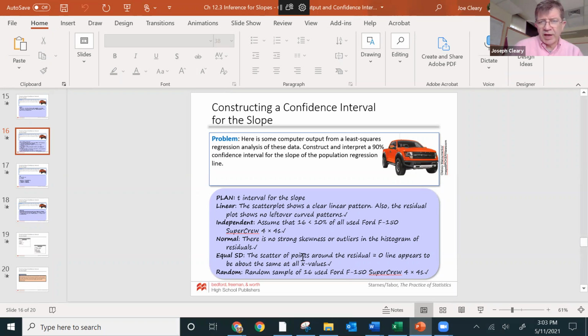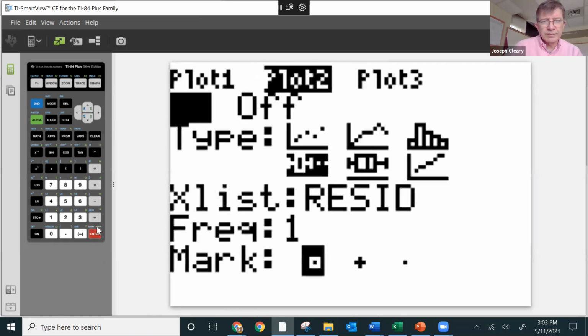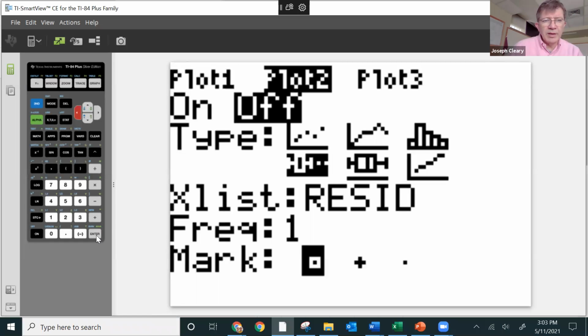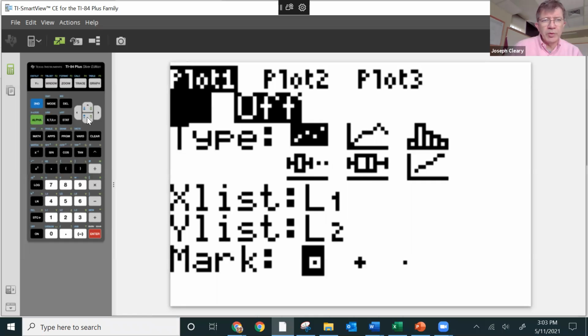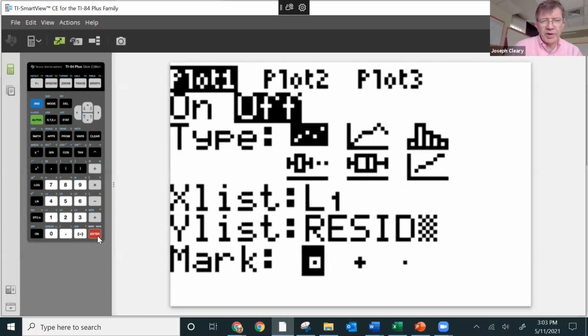Now I want to look at the scatter plot around the residual line where Y equals 0, and about the same at all X values. So again, I go to my calculator and turn off my second plot. What is probably easiest is to go up to Plot 1 and change my L2, my non-dominant score, to residuals, and look at the X values of my residuals.